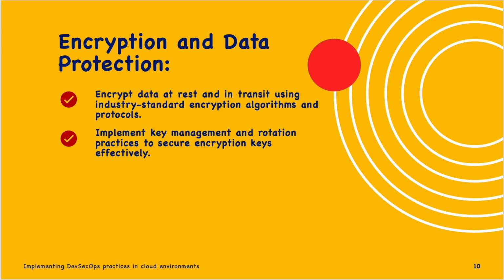Similarly, the Secure Hash Algorithm, SHA, is also there. SHA-256 is used for generating message digests and verifying data integrity. Best practices: select encryption algorithms based on their security properties, performance characteristics, and suitability for specific use cases. It's a big topic, so I will try to cover that in the next video.